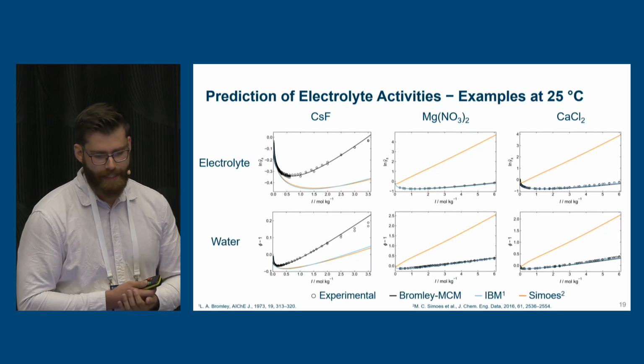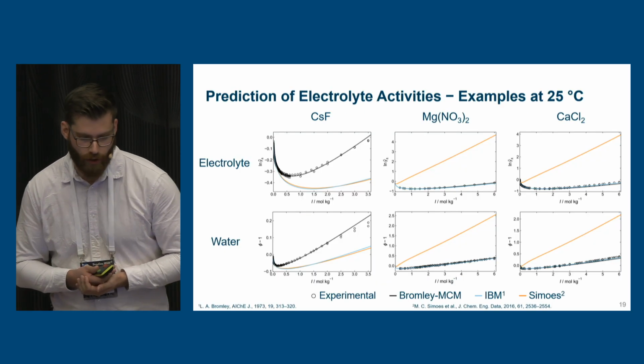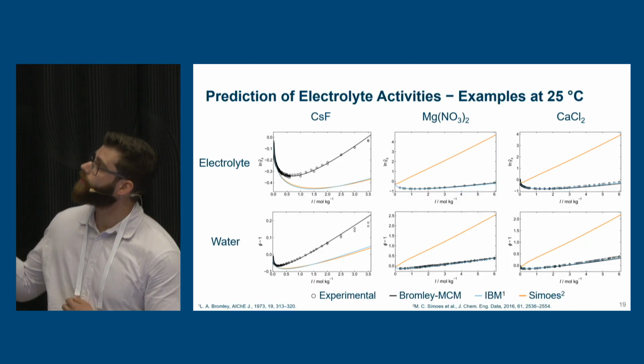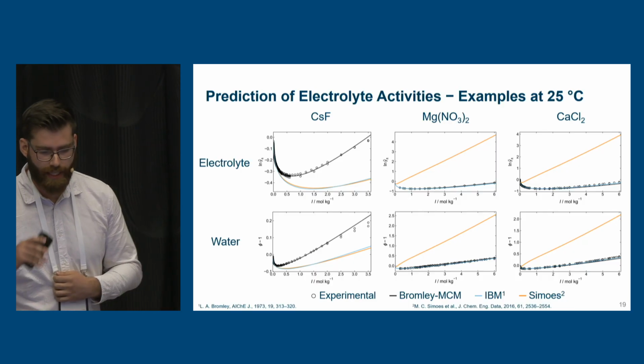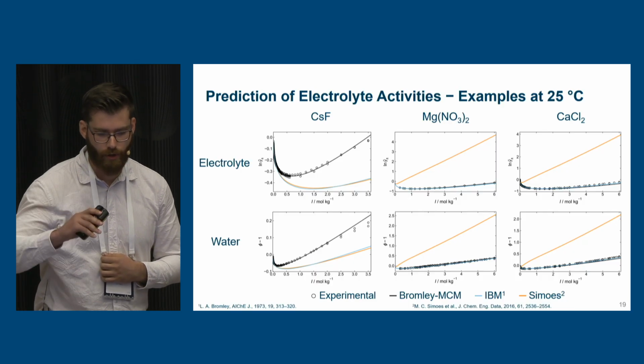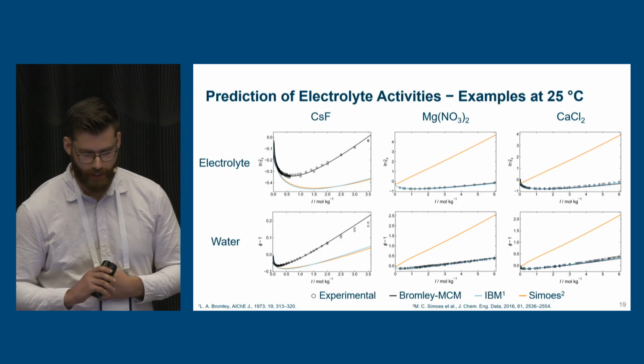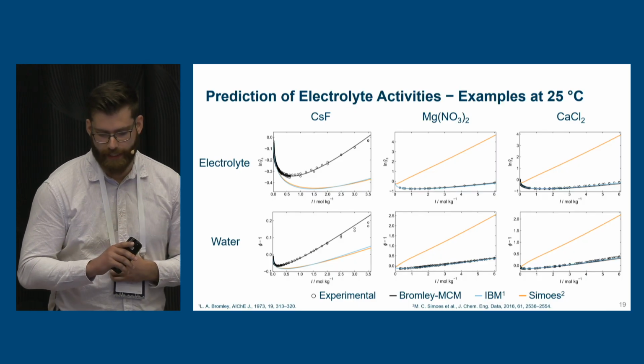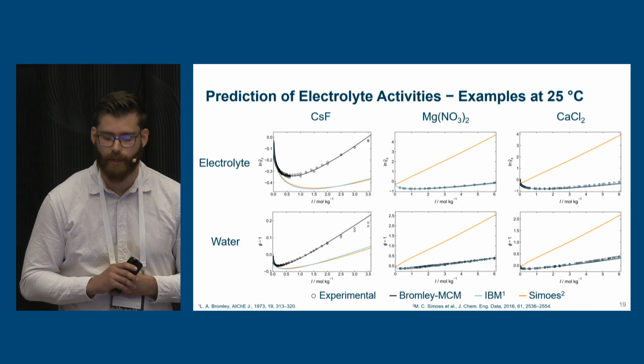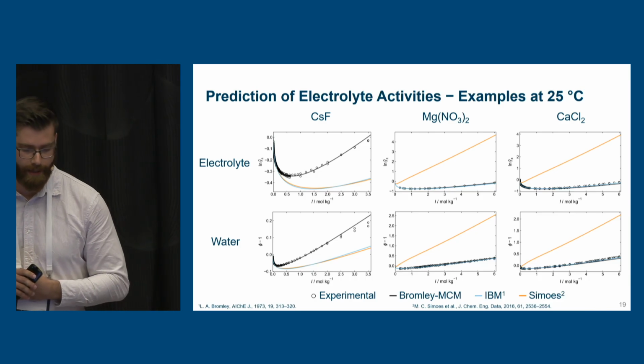Now here you can see some of our predicted activity coefficients for some exemplary electrolytes. For the electrolyte activity coefficient on the top, the water activity coefficient on the bottom, as a function of concentration on the x-axis with experimental data marked by the hollow circles. The black line is the prediction of our Bromley MCM.